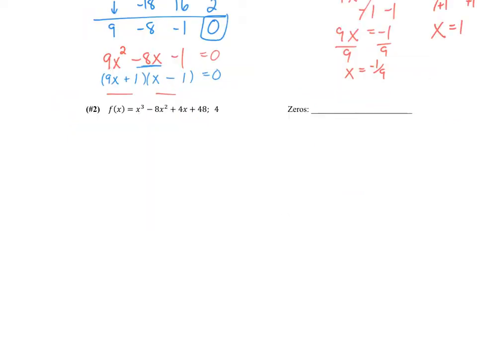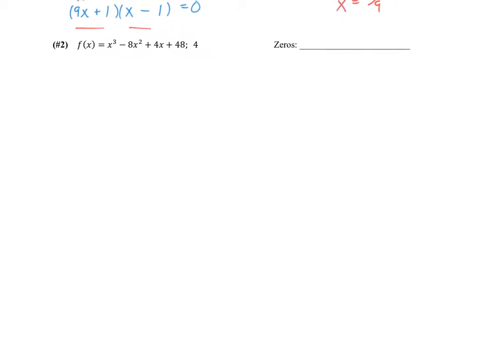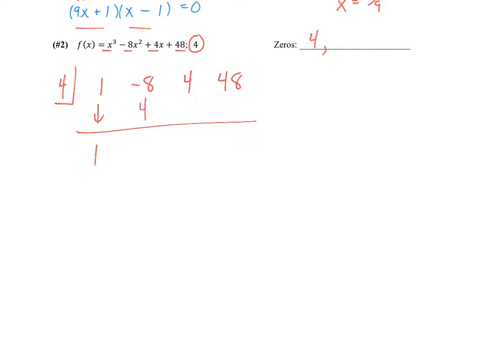Okay, and then we have one more example. It says, given the function and the 0. So the 0 they give us is 4. We have to find the other zeros. And to do that, we're going to use synthetic division. 4 goes in the box. List out your coefficients, which are 1, negative 8, positive 4, positive 48. Bring down the 1. 4 times 1 is 4.